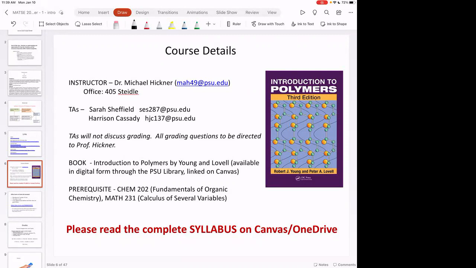And so make sure you just ask me the question first. Harrison and Sarah have other things to do. All right. Oh, make sure you at least print the syllabus schedule or have that syllabus schedule in a place that you can easily access it, because a lot of the questions that I get about the class can be answered through the syllabus.